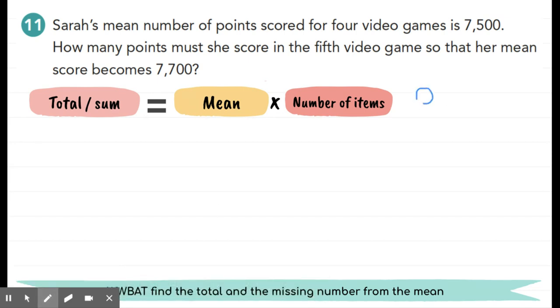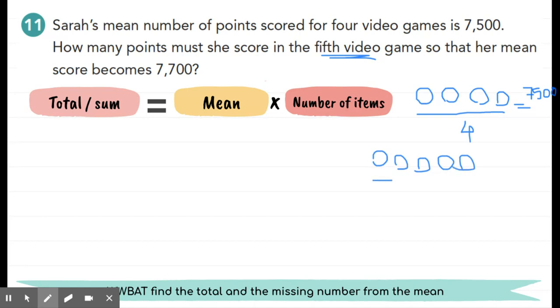Again, the first 4 divided by 4 is 7,500. However, when she added the 5th score and then divided by 5, the score becomes 7,700.